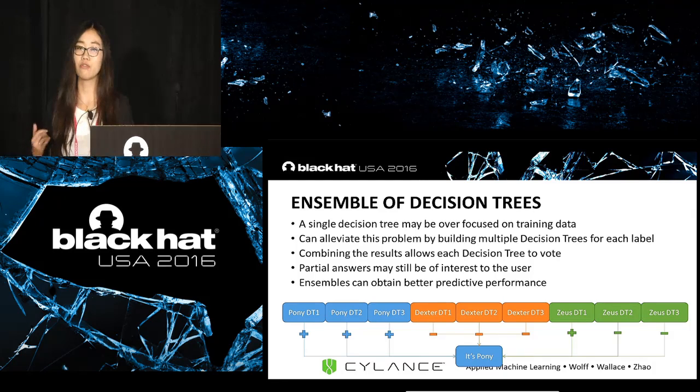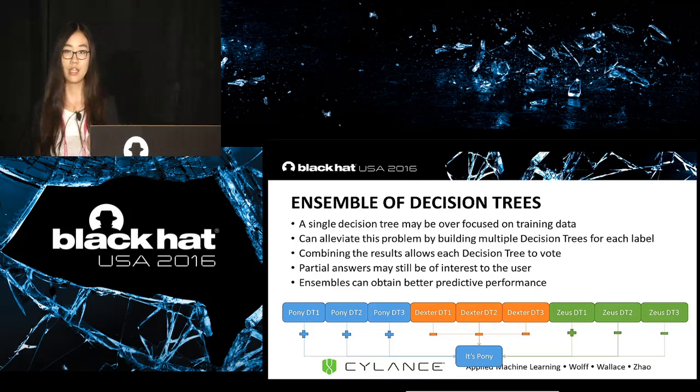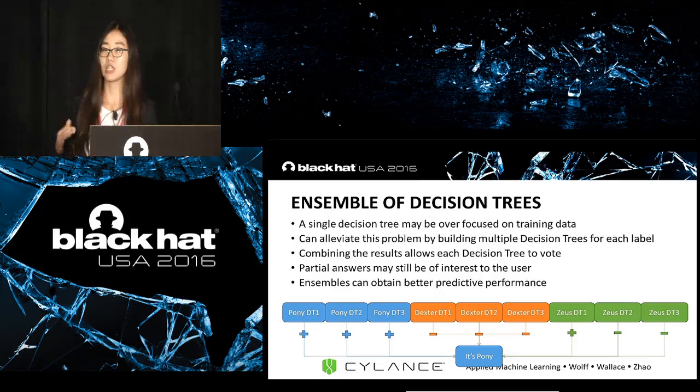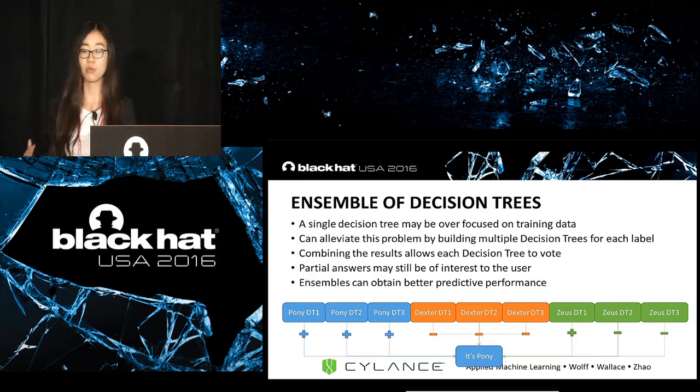It can use the features that best serve the purpose of telling whether the sample is that label or not. In that way, it has a lower possibility of overfitting, and it also limits the number of requests we make, because it doesn't need to use all the features.